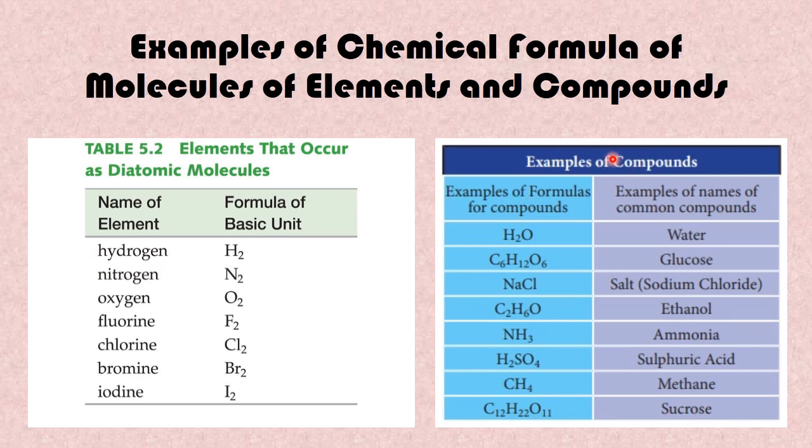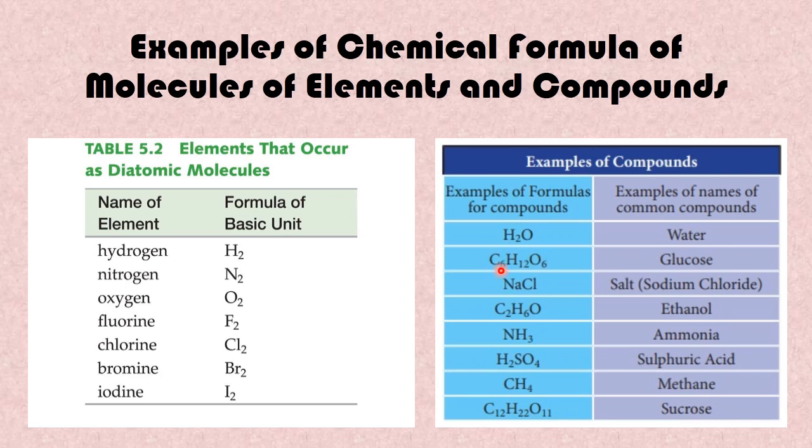Now, in the case of compounds, we have chemical formulas of compounds like water, which we saw in the previous slide. It's H subscript 2 O, which shows us that in one molecule of water we have two hydrogen atoms and one oxygen atom. In the case of glucose, glucose is made up of three different elements: carbon, hydrogen, and oxygen.